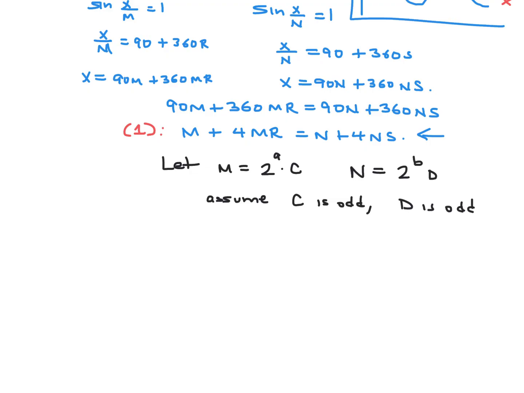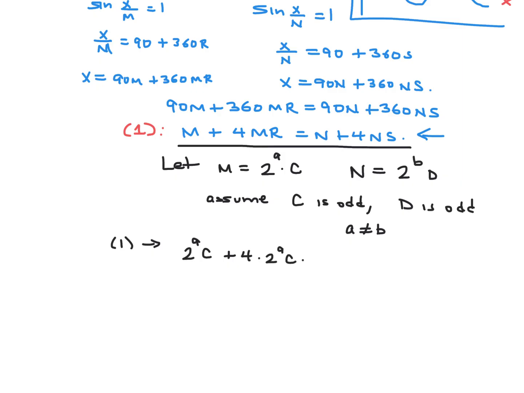And because we need distinct values, a cannot be equal to b. Okay, so we go back and sub that into equation 1, and we get 2 to the power of a times c plus 4 times 2 to the power of a times c times r is equal to 2 to the power of b times d plus 4 times 2 to the power of b times d times s. Got it?